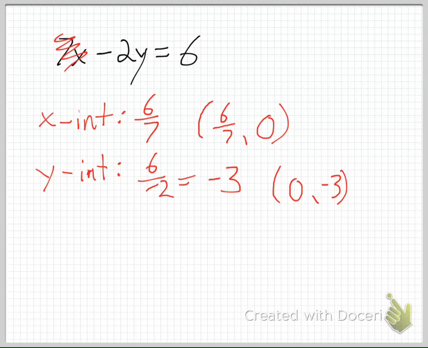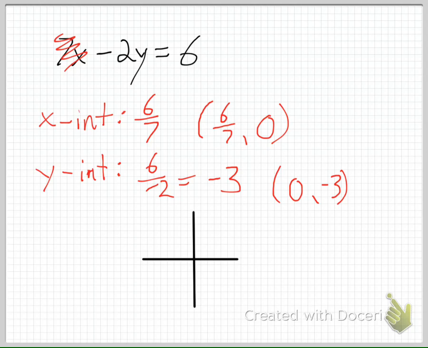So if I wanted to graph these, then I would have 2 points to graph. I would have 6/7, 0, so that means I go to the right almost 1, right? And up or down 0.